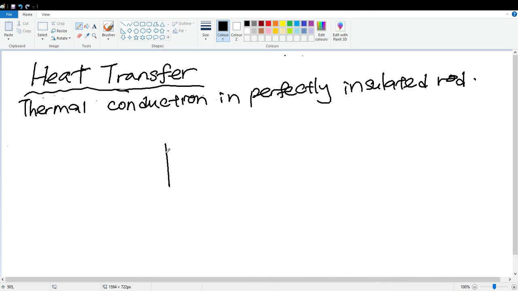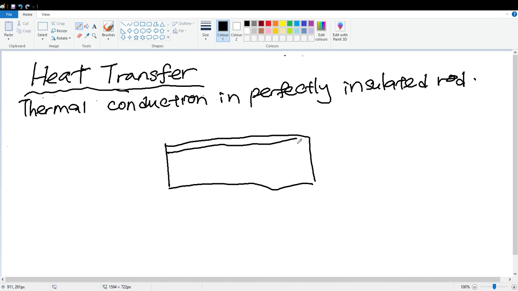So we are still discussing this perfectly insulated rod. This is the insulator which is wrapping the rod, and this is the other end of the rod, and this is the rod.